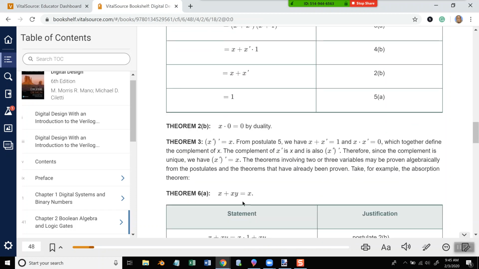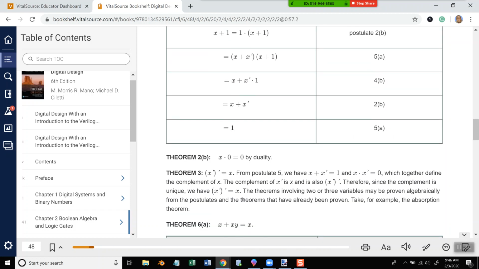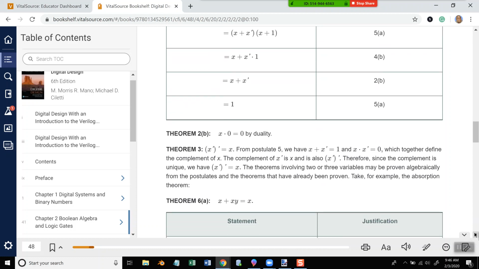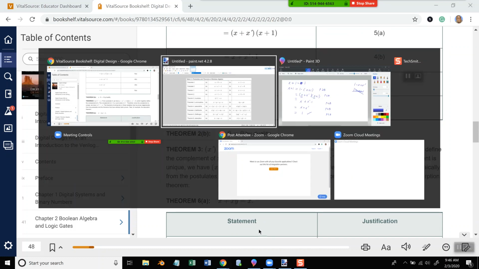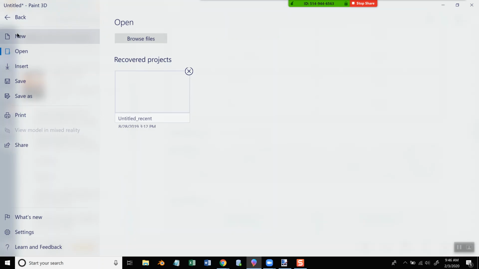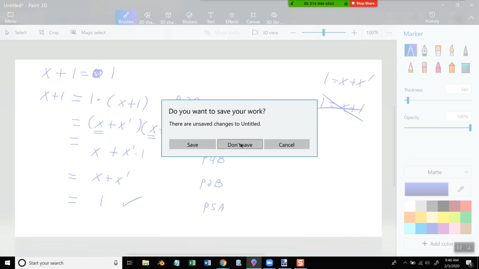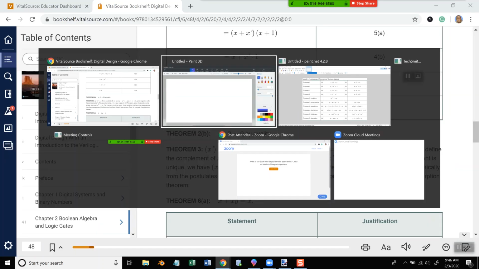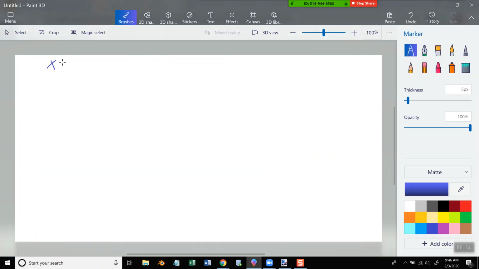Probably embarrassed myself enough for those. Let me do one more. Let me do this one. Trying to show that x plus xy.